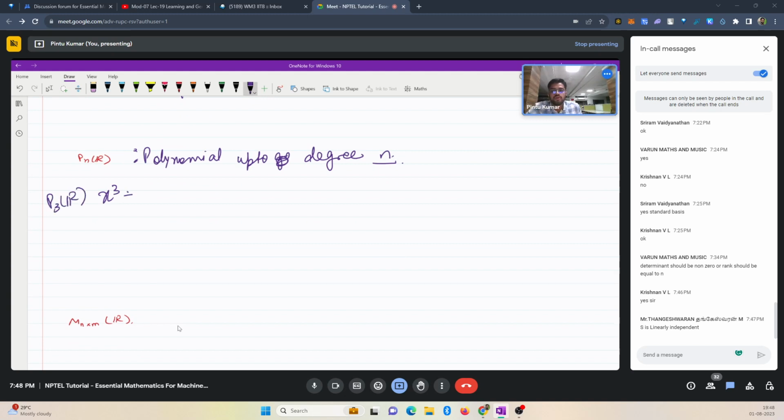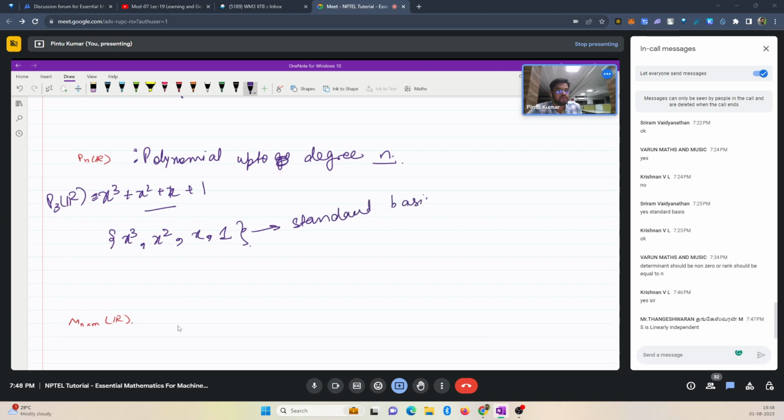We want to construct something like x cube plus x square plus 1, or x plus 1. So what components would you require? In the basis, we must have x cube, x square, x, and 1. So this is called the standard basis for PnR.